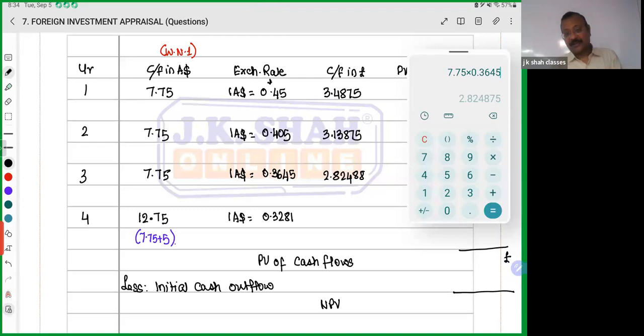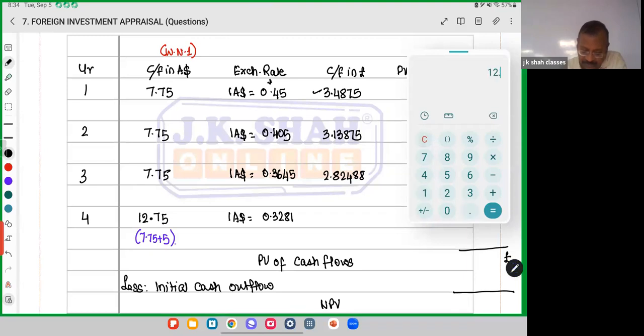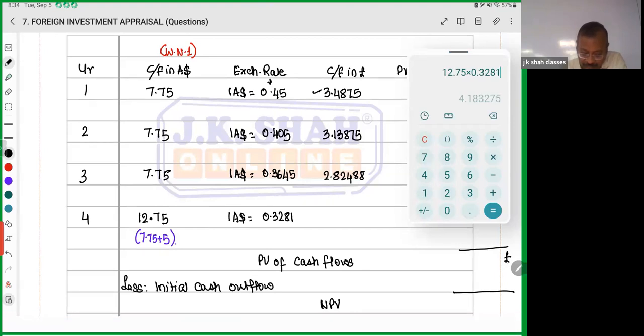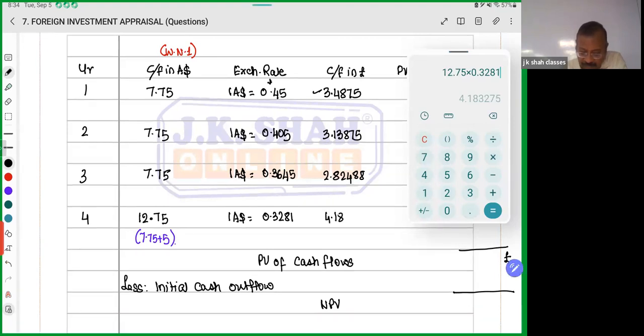मैं 5 में लिख रहा हूँ, ठीक है? I don't know why, but I just wrote it. Not mandatory for you. You could keep it in 2 decimals also. I've just taken 5 for no particular reason. 12.75 into 0.3281, 4.18328.